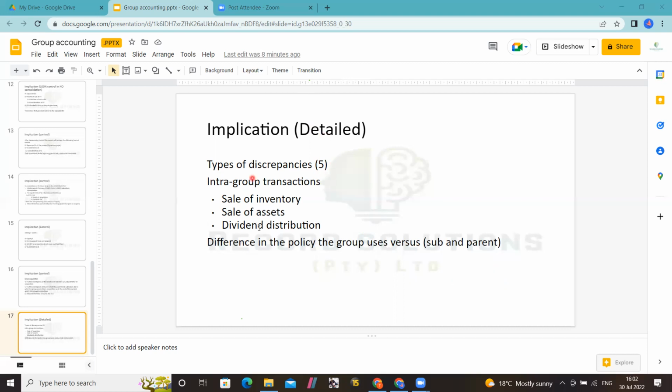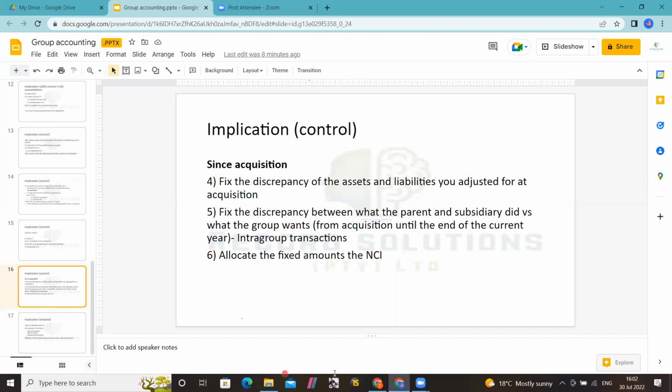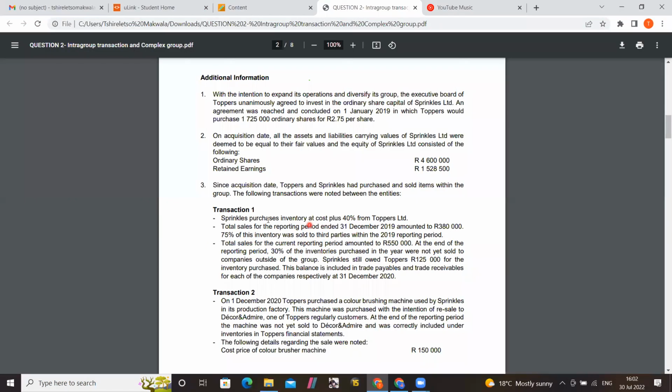So let's now go back here. It says Sparkles purchases inventory. Firstly, like I said, I'm going to use their way of doing it, and then I'm going to show you the long way. So Sparkles purchases inventory at a cost plus 40% from Topper, right?